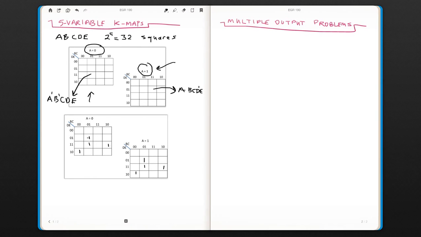You would take these two with these two, so since A is changing, A will drop, and then we will look at this. It's going to be B naught, C, D is changing, E.